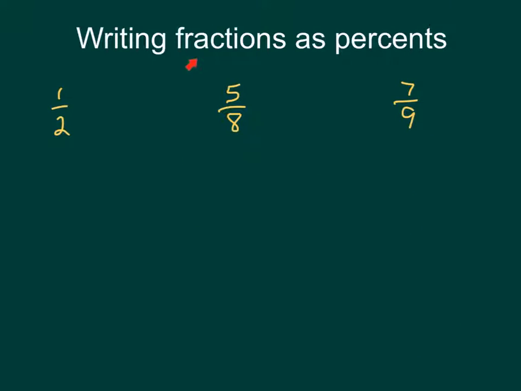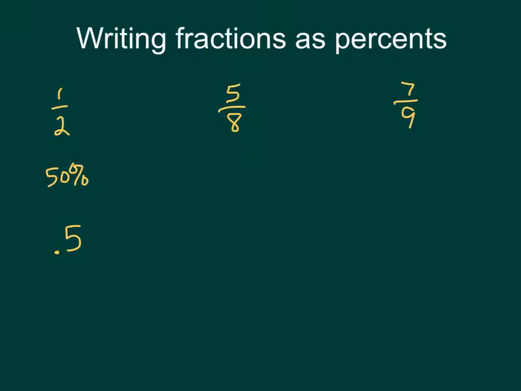When we're asked to write fractions as percents, I'm going to start here with an easy one. This is one that you maybe already know. So 1/2, you probably know that's the same as 50%. But here's how I can figure this out when I come to a fraction where I may not know the percent. If we turn this fraction into a decimal, I know that 1/2 is, as a decimal, 0.5.